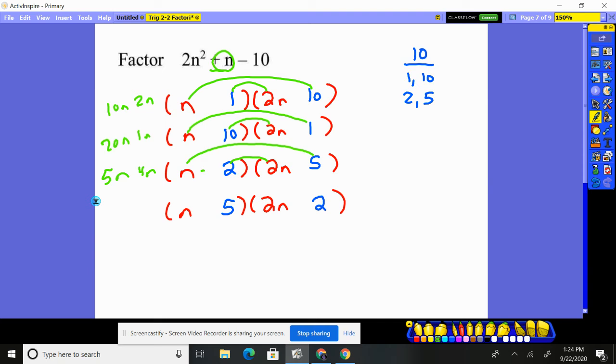What's going to happen is I'm going to put a minus here and an addition there because that'll give me negative 4n. And n times 5 will give me the positive 5n. And that positive 5n with negative 4n gives me my n there. So I see the possibilities. Notice this would have been 10 and 2. So the best I could do is an 8, either a positive 8 or a negative 8.